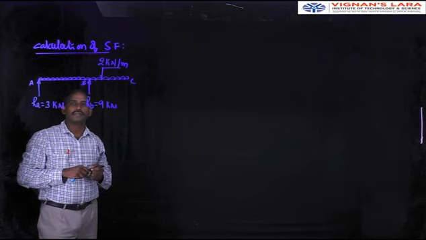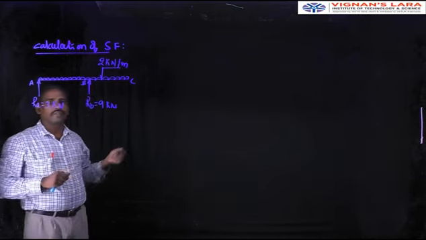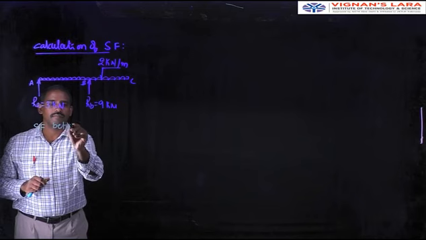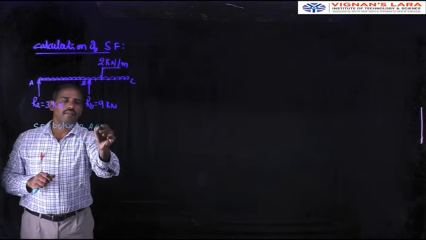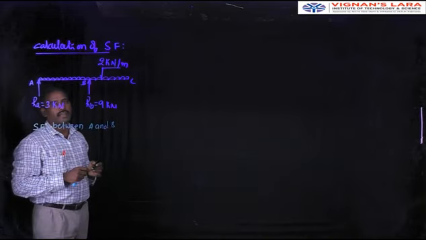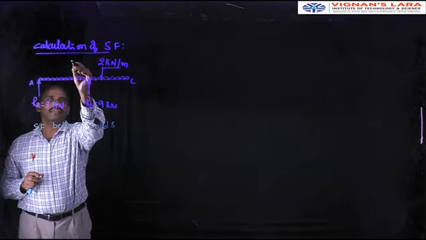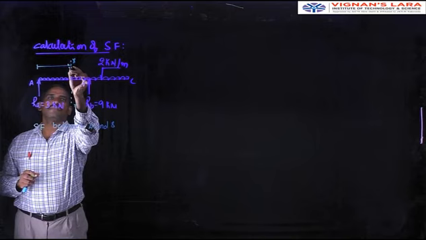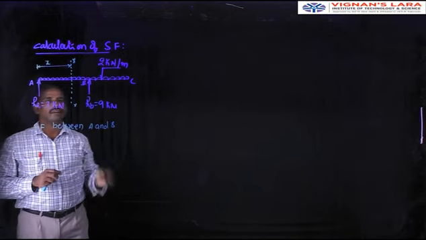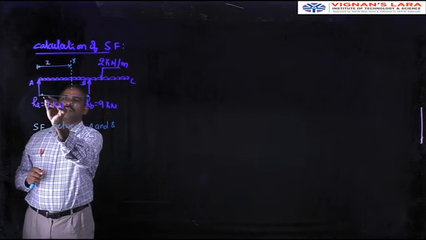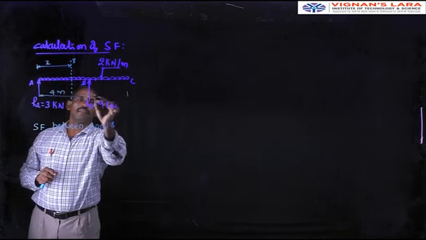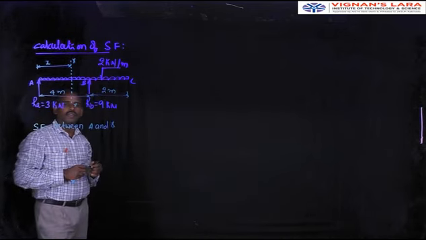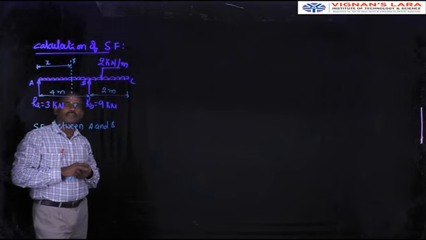At any section, let us consider the shear force between A and B. For that, let us consider section XX at a distance x from A. We know that the distance between A and B is 4 meters and B and C is 2 meters, and the reaction forces at A and B are 3 kilonewtons and 9 kilonewtons respectively.